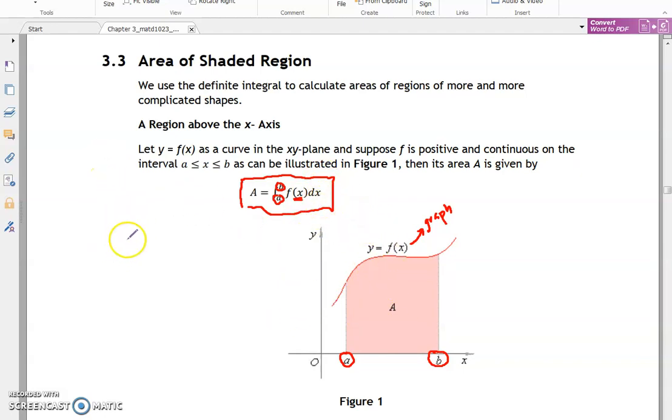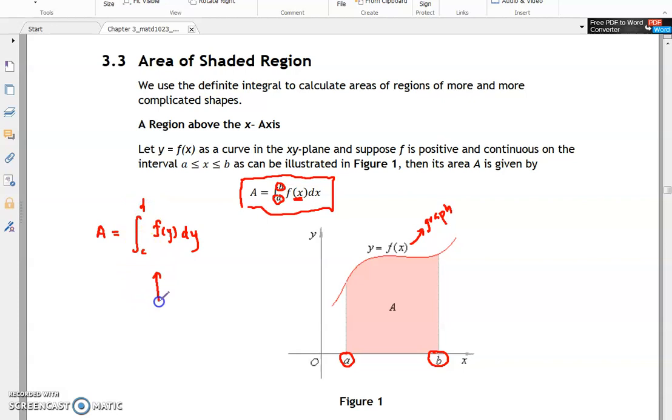But the area can also be written in terms of y, where the function will be f(y), and let's say I use c and d here.